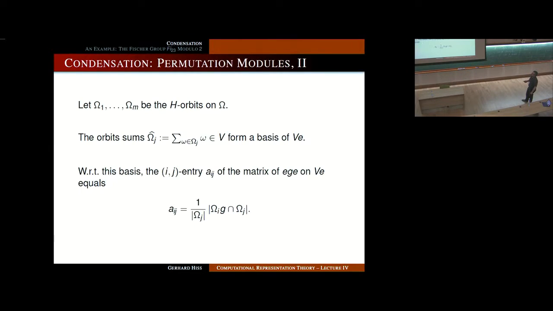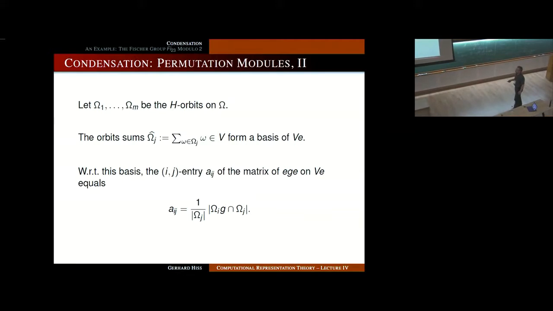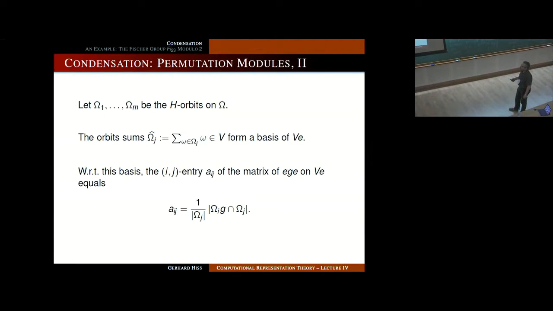And with respect to this basis, we want to make a matrix, a_ij, of the action of EGE on this set of H fixed points. And you see, this you can work out yourself. This is the formula. You take the number of elements in omega_j which are translates by G from the set omega_i, and then you have to normalize it.